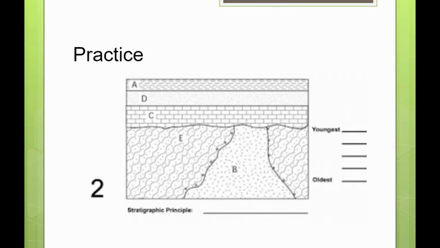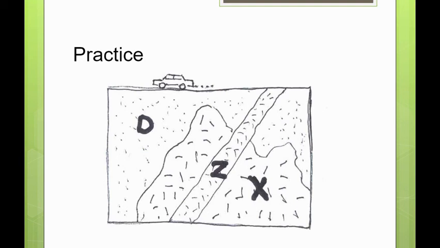All right, try these 5 now using those 3 rules. And then unpause it when you're ready to move on. All right, try these 3 layers next. And then press play when you're ready.